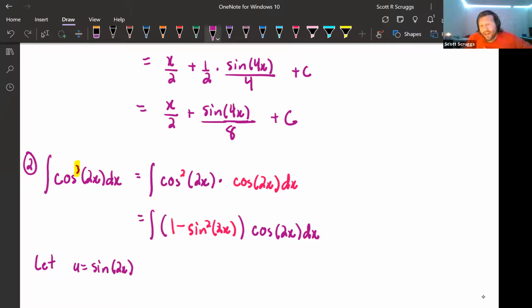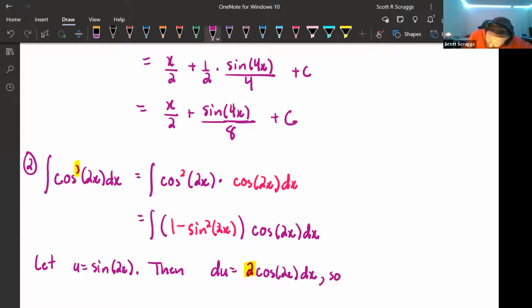So I'm going to set u to be sine of 2x. Then du, or the derivative, will be 2 times cosine of 2x dx. I am off by a constant, which means I'm going to have to divide that 2 to the other side in order to rewrite that.